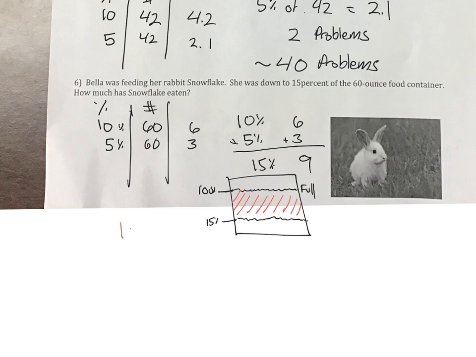So 100 minus 15, that's going to be what we're going to get. So this will be 9, this will be 9, that's 10, 5, and we got 8. Now, does that make sense? 85 plus 15 is 100. 5 plus 5 is 10. 8 plus, yep. That is right. So she's eaten 85% of her food.